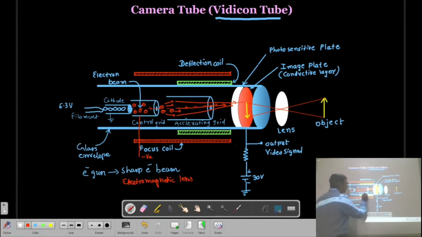This accelerating grid is normally connected to a positive voltage, roughly plus 400 volts. So here the grid has a positive voltage, the electron has negative charge, that's why the electron is going to be attracted and accelerated.